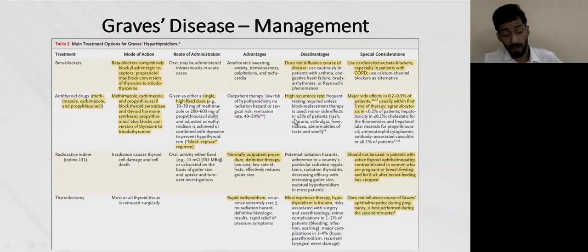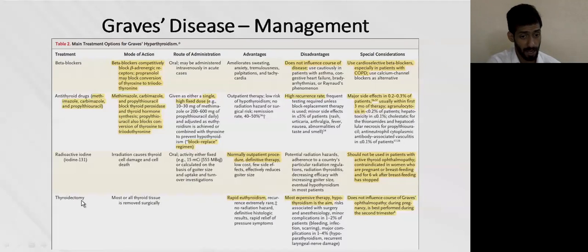What are the problems with giving patients only antithyroid drugs? Very high recurrence rates. For example, if you give this patient 18 months of antithyroid drugs and stop it, the chance of recurrence is extremely high. This is the problem with treating Graves' only with antithyroid drugs.